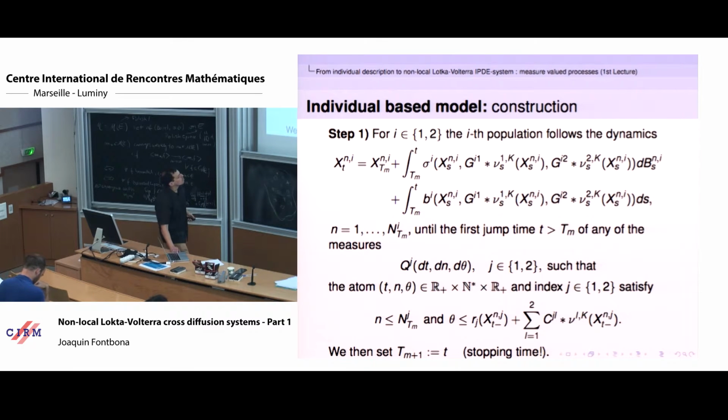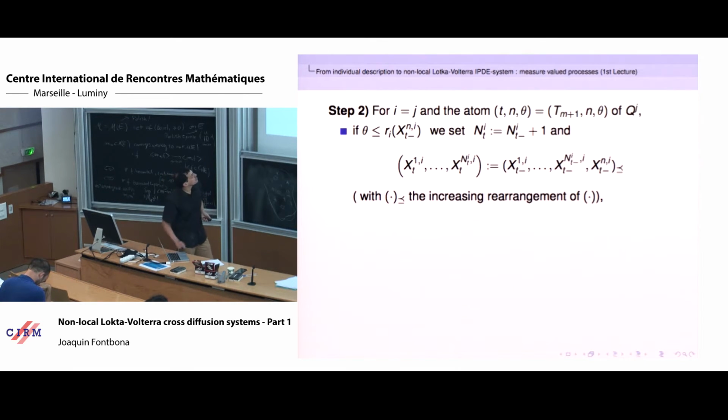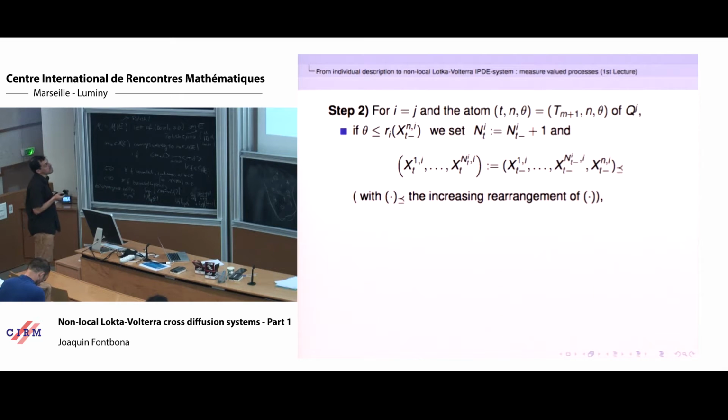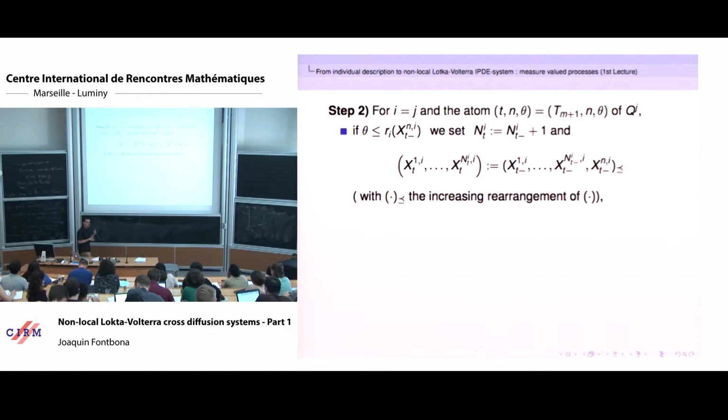Okay, so what do we do then when I find this atom? So first, J is the type of population on which something happened. Okay, so if I'm looking at population I and something happened on the same population, so if J equals I, this means that either one individual gave birth, or it died. Okay, and what is happening is told by where theta is.